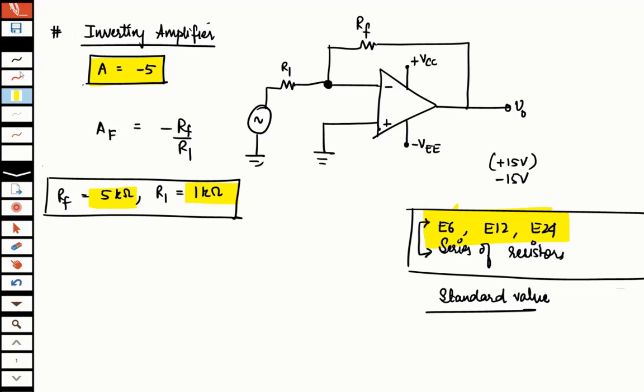Now let us make this circuit in Tinkercad. So let us recall what terminals these are. The inverting terminal is terminal number 2, and this should be 3, right?